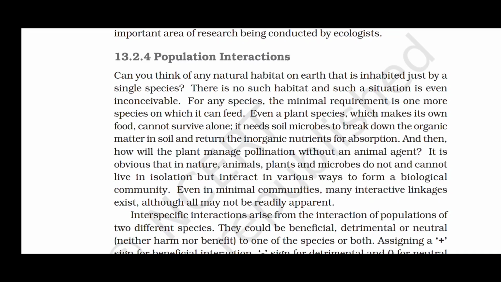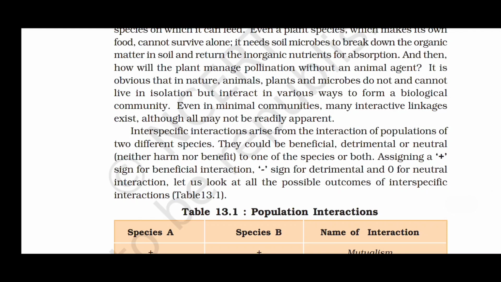It is obvious that in nature, animals, plants, and microbes do not and cannot live in isolation but interact in various ways to form a biological community. Even in minimal communities, many interactive linkages exist. Although all may not be readily apparent, interspecific interactions arise from the interaction of populations of two different species.